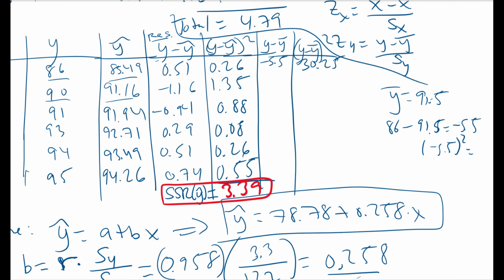Next one will be 91.16 minus 91.5. If we repeat that process, we get about negative 0.5. Let me double check this real quick.